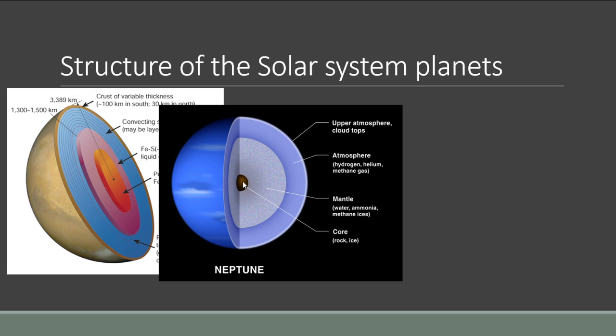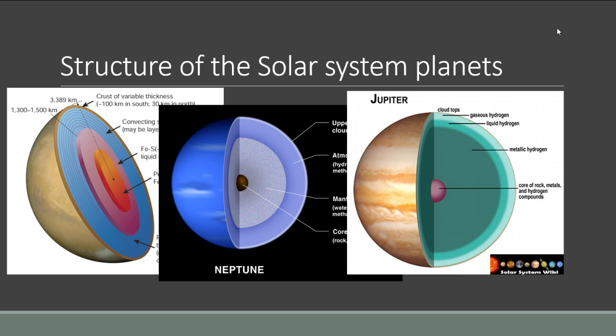It is not so. Because of very high pressure and temperature inside Neptune, the core is made out of heavy elements, but it's not solid. That's important. Then Jupiter, again, a core of rock and metals, but it's not solid because of high pressure and temperature.